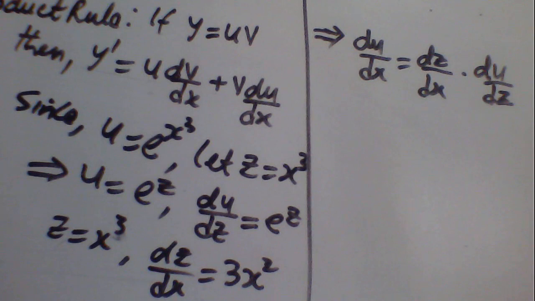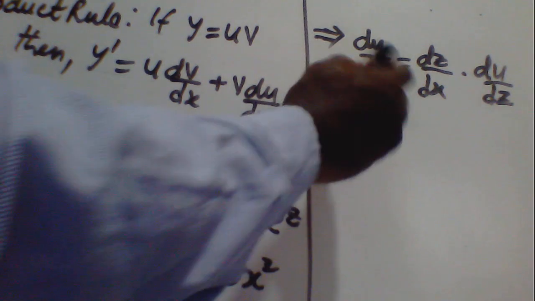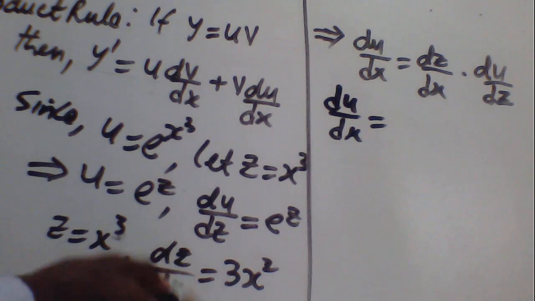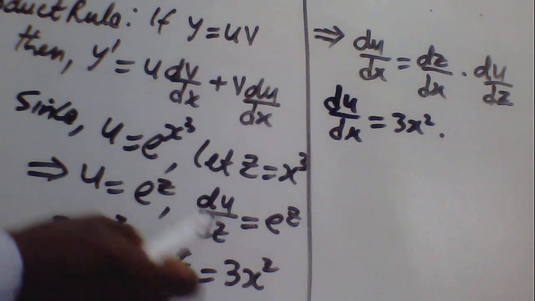From these expressions you can now substitute the values. du over dx is equal to dz over dx, which gives us 3x squared, multiplying du over dz, which is e raised to the power z.